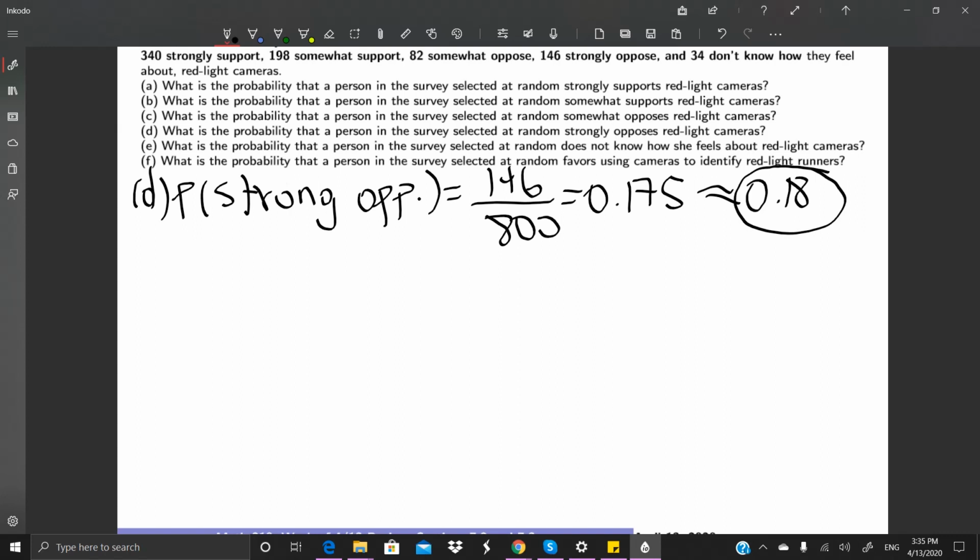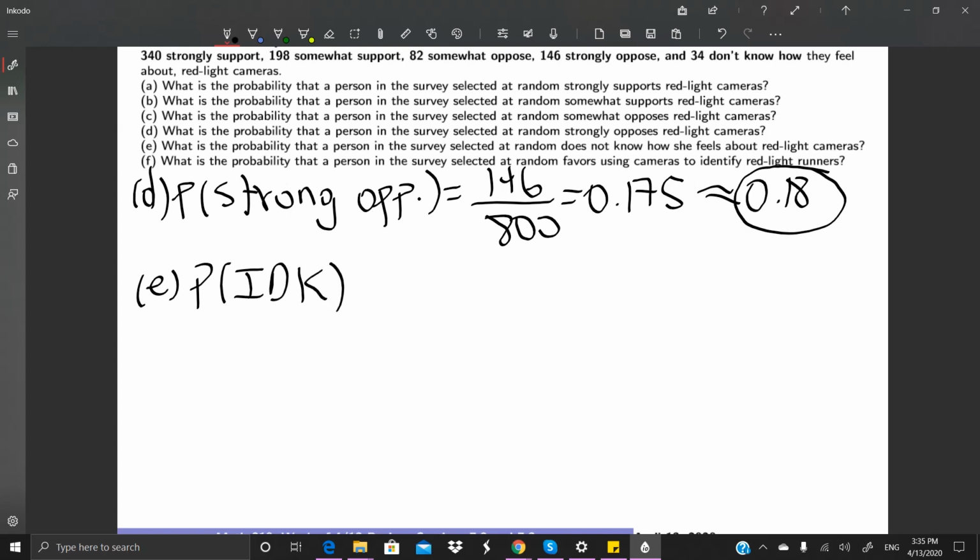Okay, and next. Alright, the probability that a person does not know how he or she feels. Well, there are 34 people who, again here I said she, right? He or she, just because we don't know who these 34 people are. So he or she feels about red light cameras. Well, that's going to be the probability of IDK.